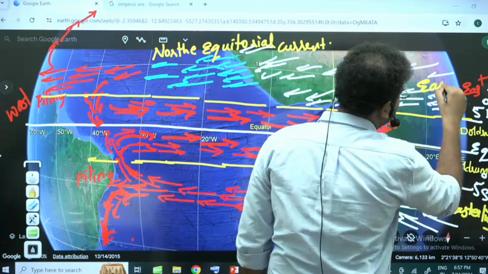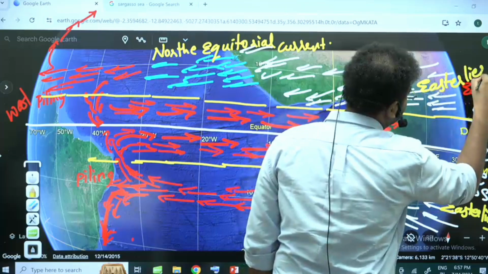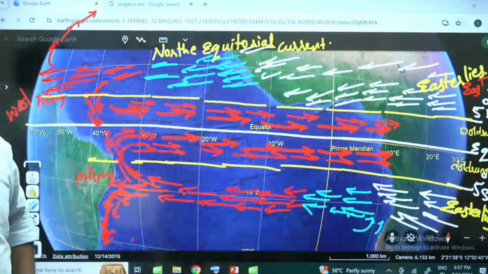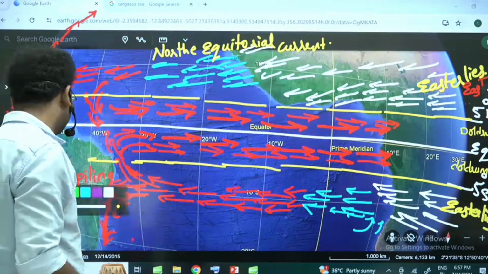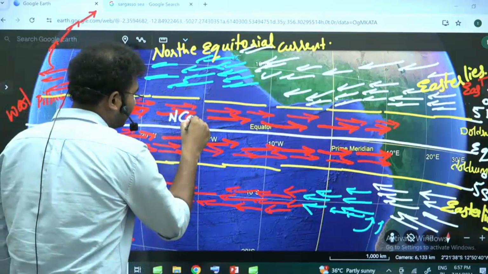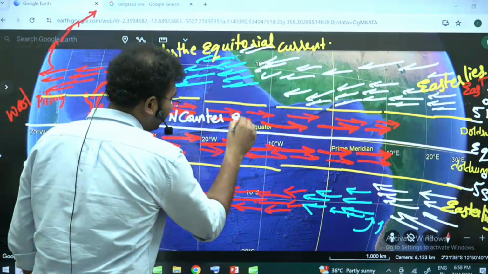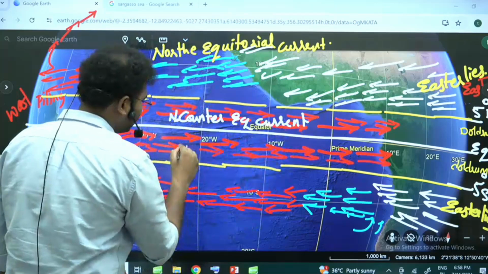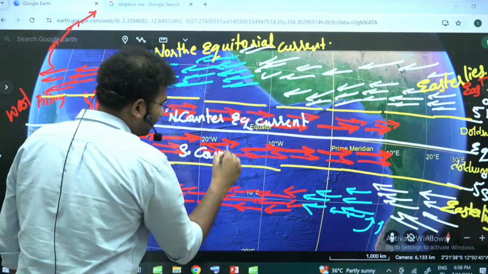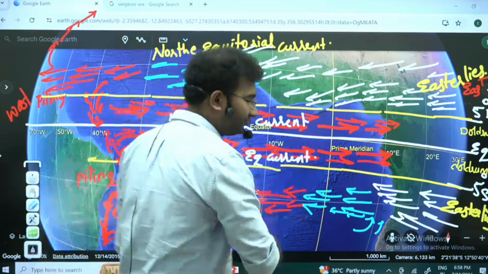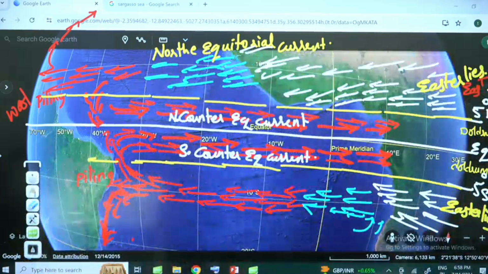This is doldrum. Got it? Now these currents are called the north counter equatorial current. Right? And this is the south counter equatorial current. Do you have it in your atlas?